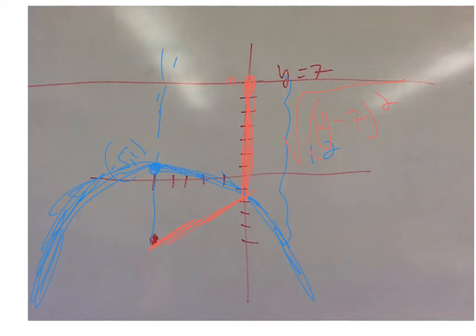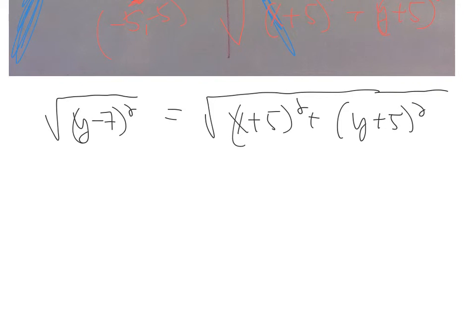For the other one, remember this point is (x, y), so that distance is going to be the square root of x plus 5 squared plus y plus 5 squared, since the coordinates of that point are (-5, -5). And we can set these equal. If we square both sides, that lops off the square roots.